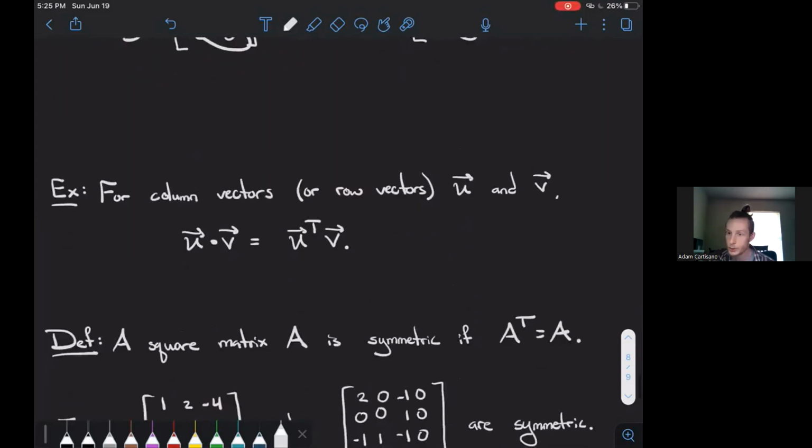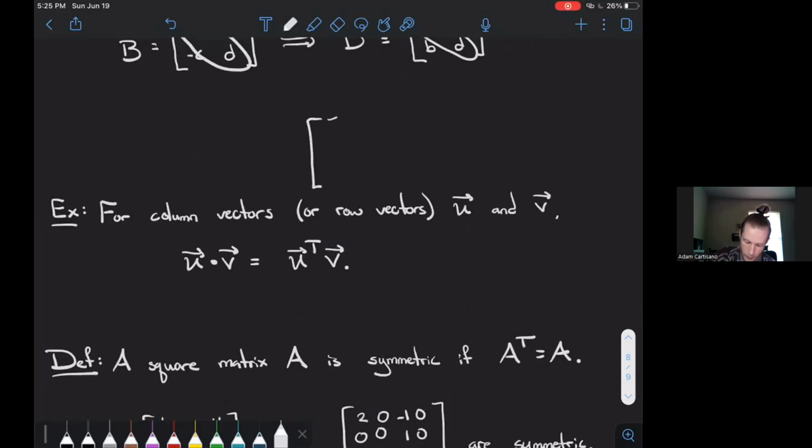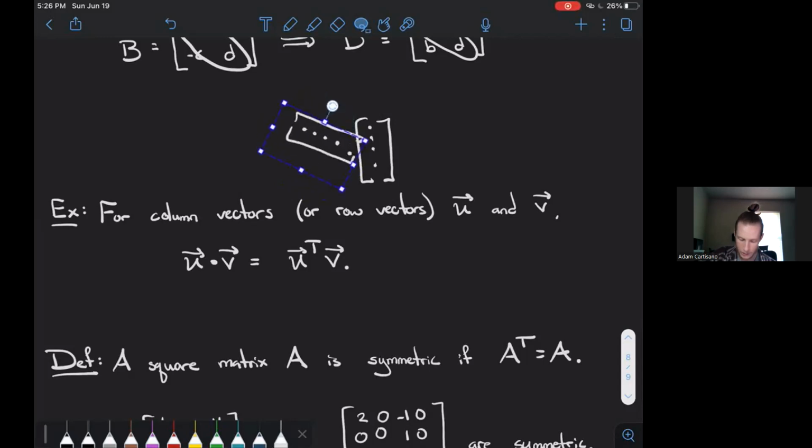Okay. One application is you can use transpose to define the dot product of two column vectors. So if I have two column vectors, something like this, and I want to dot them together. We know what the dot product means, but if you wanted to phrase it in terms of matrix multiplication, what you can do is take u, the first one, and transpose it.